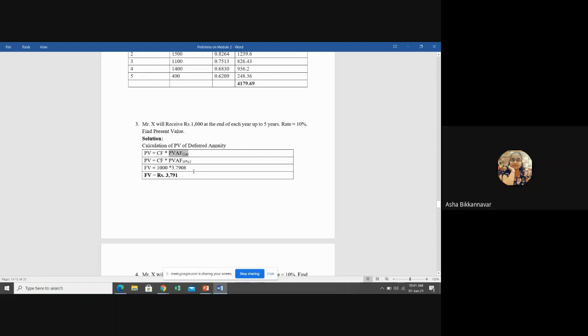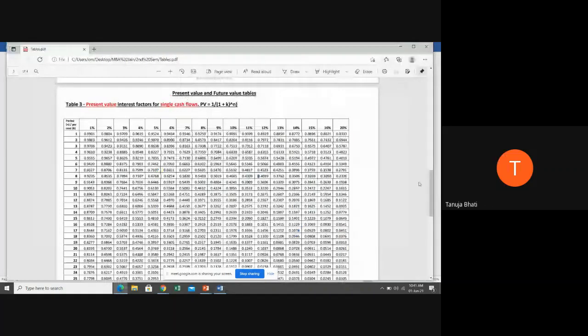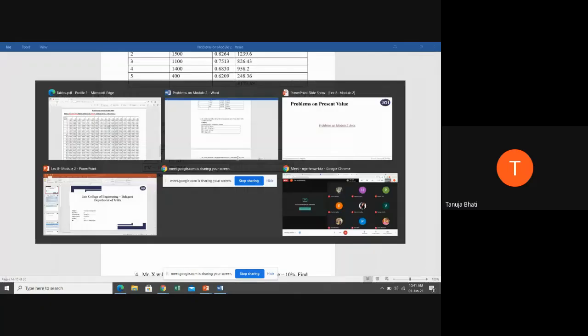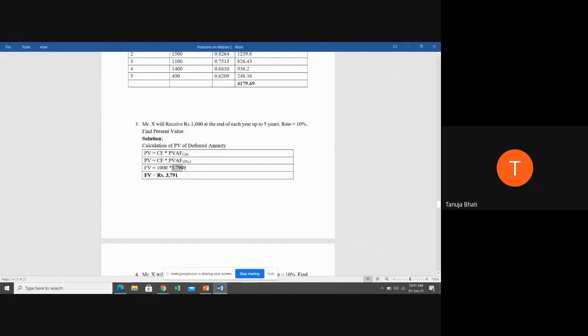Table number 4. So 10% for 5 years is 3.7908. So when you multiply with the cash flow, you get 3791 as your present value. Students, this is present value.